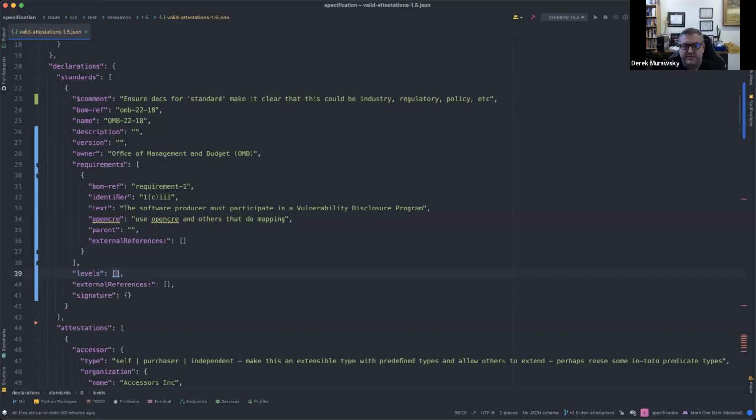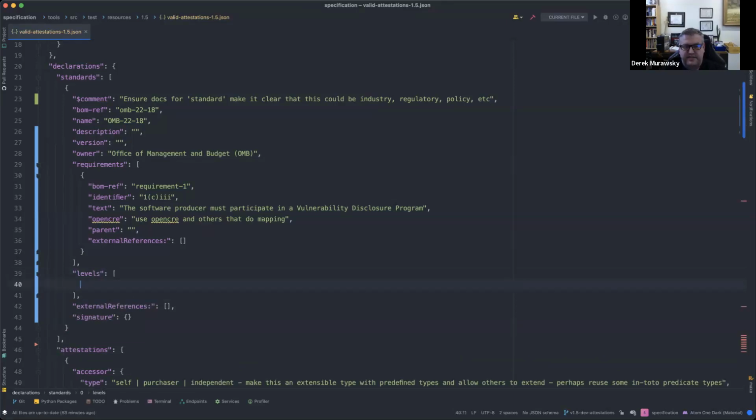Whatever the noun is, for now levels would work. And honestly, I would see this as a very simple object of a bom-ref for whatever the level is, probably the identifier or name of the level, a description for it, and then an array of requirements to meet that level.